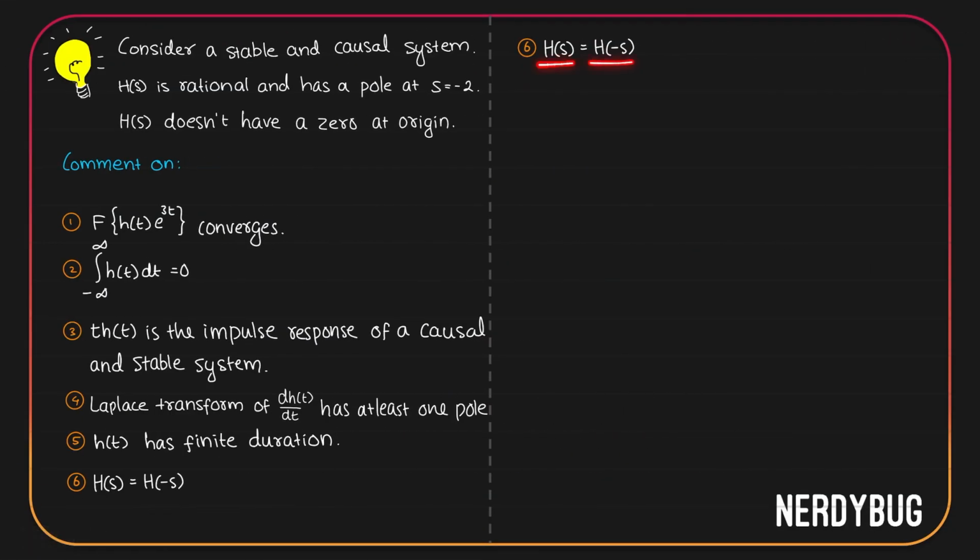H(s) is equal to H(minus s). It is given in the question that H(s) has a pole at s equal to minus 2. Assume H(s) is equal to H(minus s), then H(minus 2) should be equal to H(2). That means if at s equal to minus 2 you have a pole, at s equal to 2 also you should have a pole.